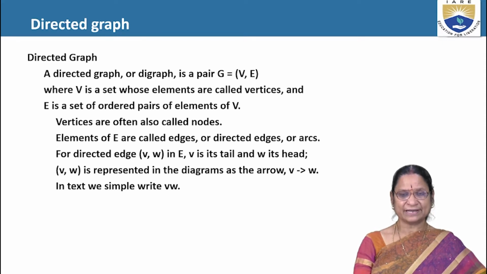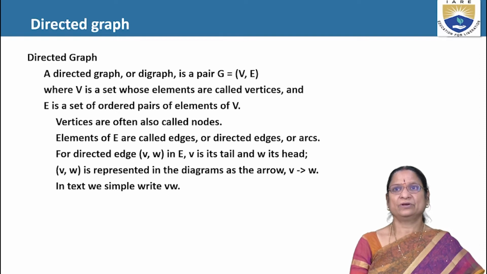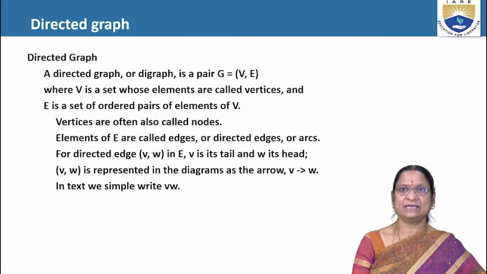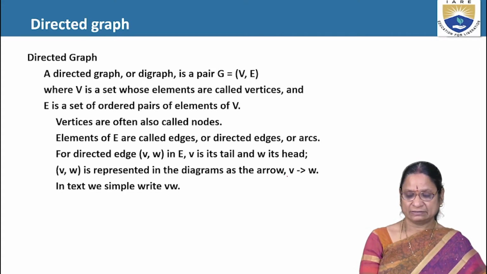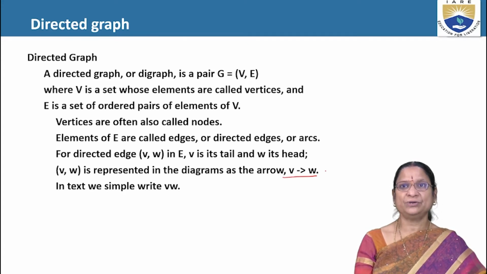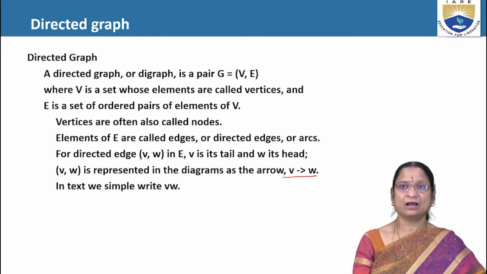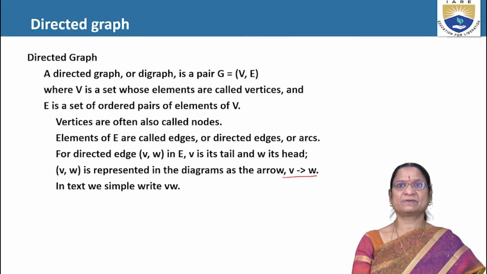For a directed edge VW in E, the set of edges, V is its tail and W is its head. VW is represented in diagrams as V arrow W, V to W. In simpler form, we write it as VW, meaning the edge starts from V and ends at W.